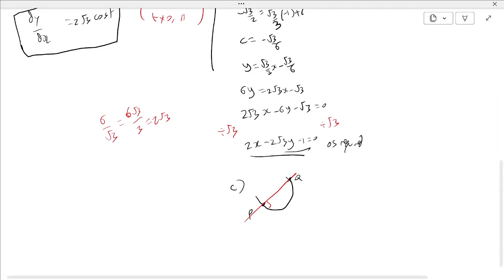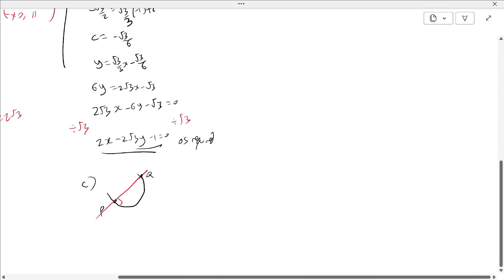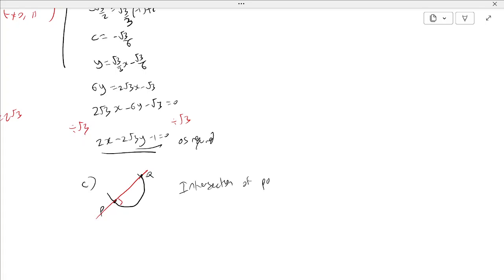And here's the best way usually to find the intersection of a parametric curve or a parametric equation and a Cartesian equation. Okay, so a Cartesian equation, by the way, if you're not sure, is when your equation is given just in terms of x and y only.